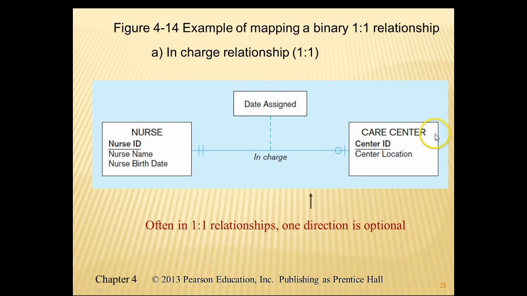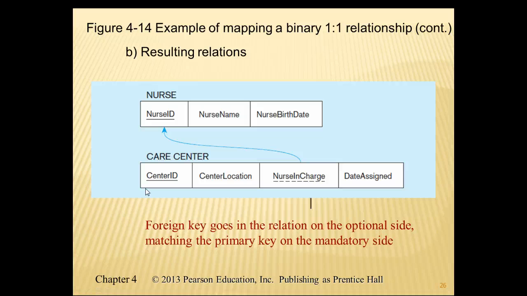From nurse to care center is optional one, and then care center to nurse is mandatory one. So this is pretty easy how that's set up. Nurse ID is the primary key for the nurse relation, and that is used as the foreign key, or the nurse in charge, in the care center relation.